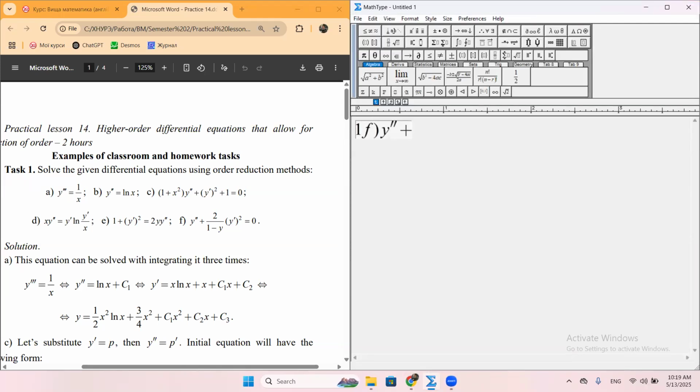So y prime plus 2 over 1 minus y, y prime square equals 0. So again, here we have no x, so we will use the substitution p equals p of y.